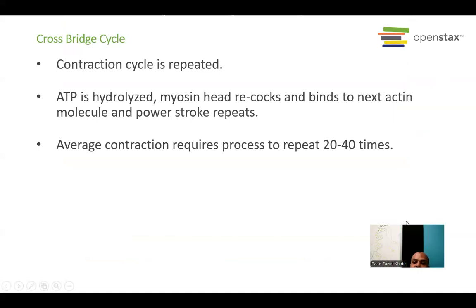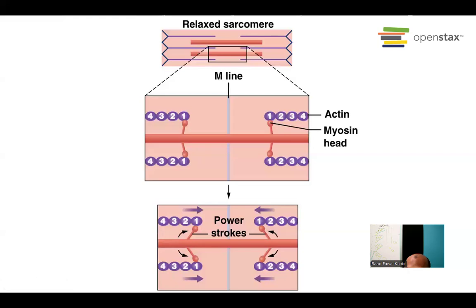That is the contraction cycle, and it is repeated. The ATP is hydrolyzed, and the myosin head recocks and binds to the next actin molecule, and the power stroke repeats. The average contraction requires the process to repeat 20 to 40 times.